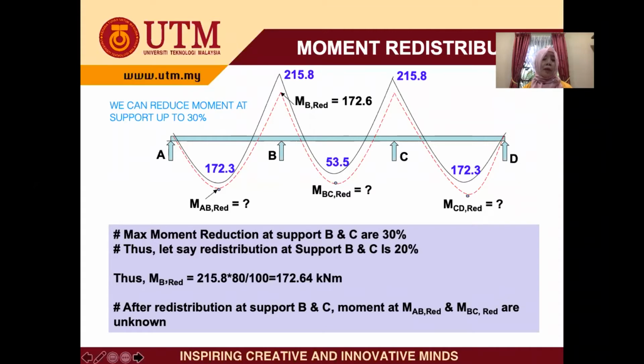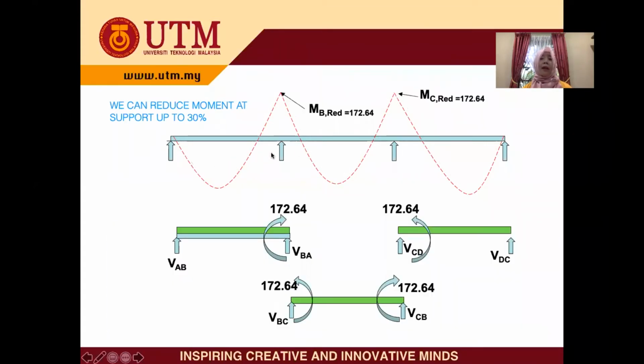Now in other words, we need to force moment at support B and support C to have a value of 172.64. Therefore, with the same load, the same action, just now for the case 1, here I just show you one example by using case 1.